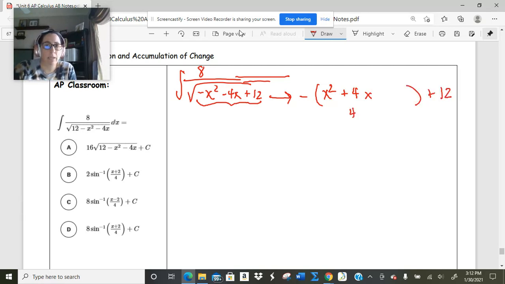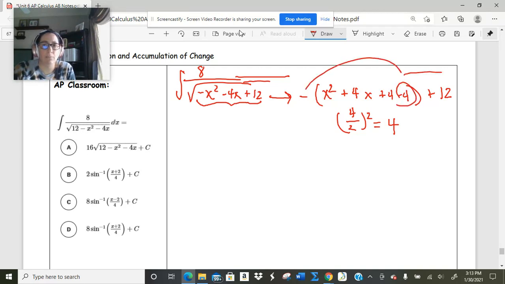I'm going to take my b, divide by 2, and square it to get what I need here. I'm going to take this last term and bring it out. So that would be plus a 4 plus a 12 after I distributed the negative. Now I can rewrite this as a perfect square.